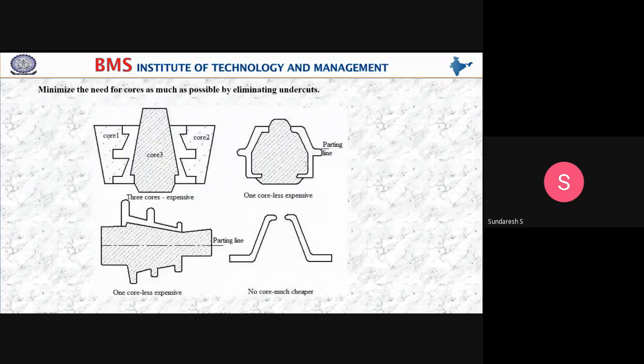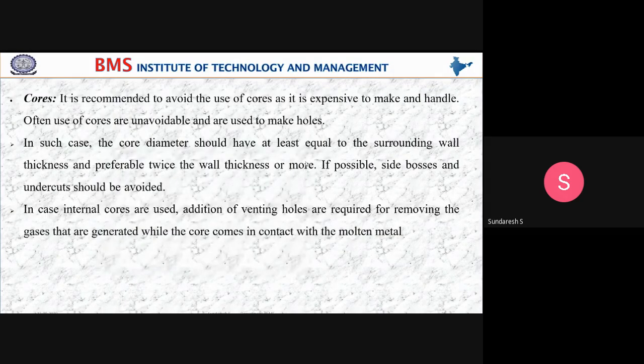Next comes cores. It is recommended to avoid the use of cores as they are expensive to make and handle. The cores are basically used whenever we require intricate shapes in the casting.